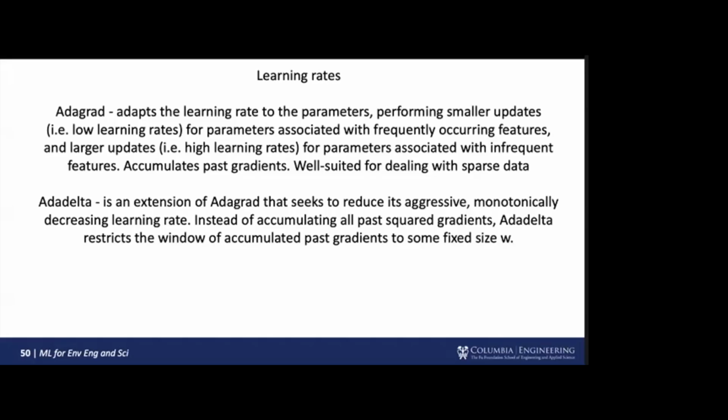The downside is that AdaGrad keeps accumulating past gradients, so the learning rate can become too small over time and the training can slow down. AdaDelta fixes this problem. Instead of remembering all past gradients, it only keeps a recent window of the gradients. This prevents the learning rate from shrinking forever and makes training more stable.